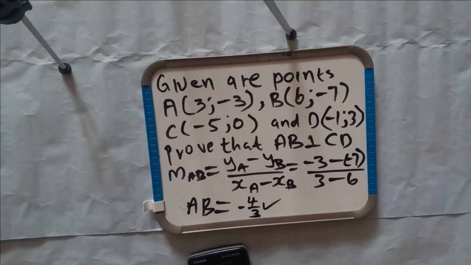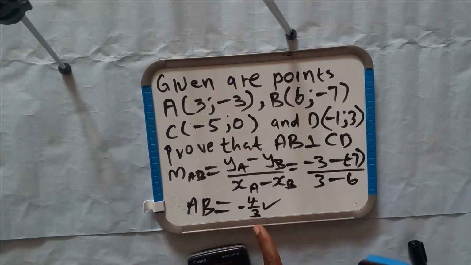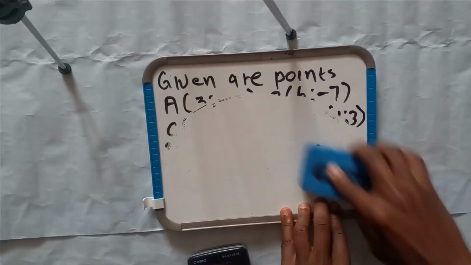Now we need to calculate the gradient of CD. Write this gradient down. This gradient is -4 over 3.